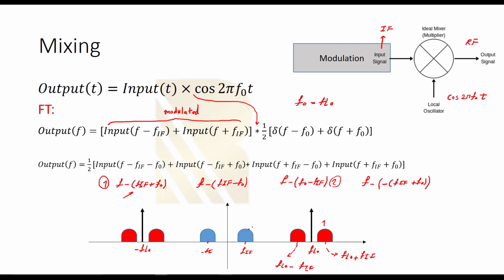This is the IF frequency. Now at the output of this mixer, we have up conversion, and we have 2 channels here, as you see, the 1 and 2 here. So this is called up conversion, and especially for the negative part, we are also up converting to this part, and also this one as well.